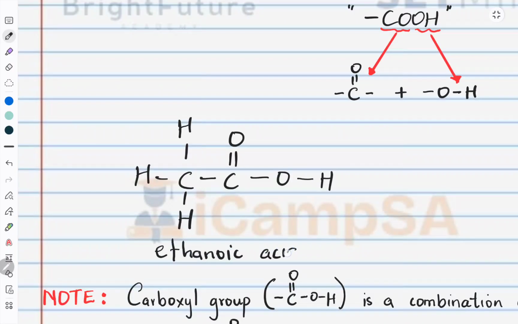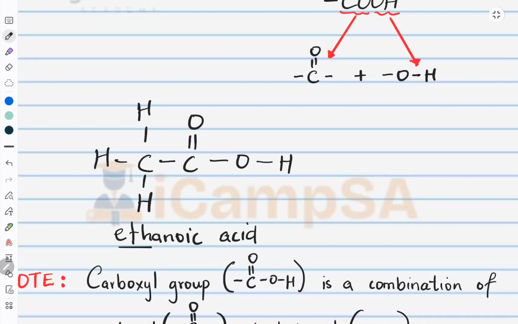But don't worry, we will learn to name them later on in this video. So if you check this eth, which means the parent chain has 2 carbon atoms, you can see that it has 1, 2 carbon atoms. And then there's your suffix here, the anoic acid, which is the suffix for carboxylic acids.